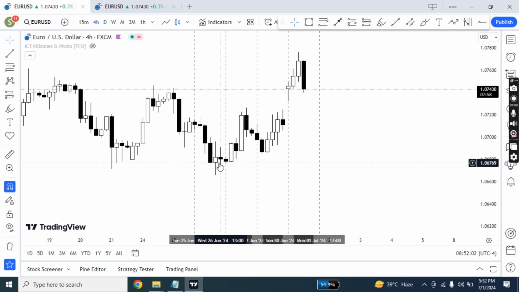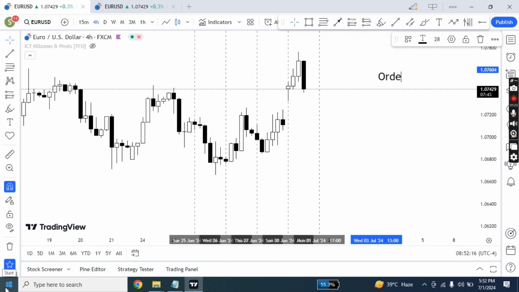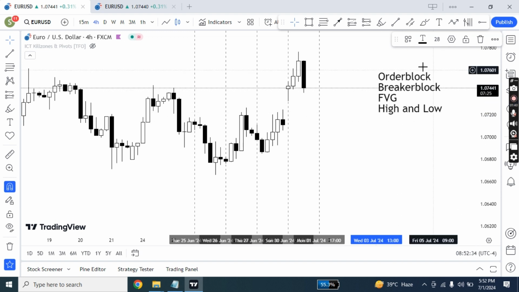So we're gonna start off right here, and you can see that we could use a key level either in the form of an order block, a breaker block, an FVG, or a high and low, right? These are the key levels that we can find on the 4 hour to integrate with market profiles and potentially generate trade ideas, right?